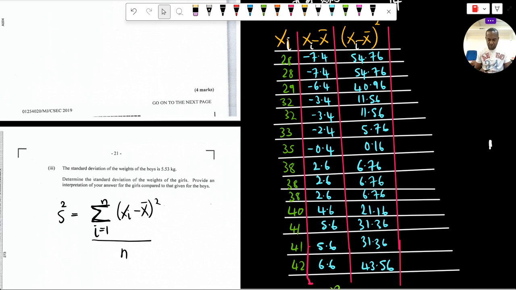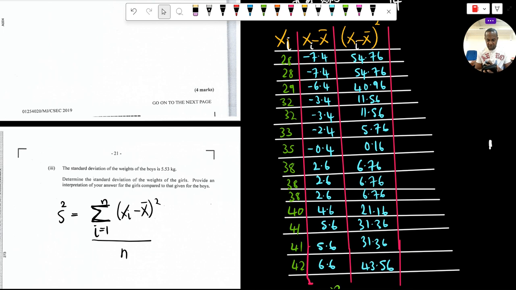Let's start from the bottom: 43.56 plus 31.36 plus 31.36 plus 21.16 plus 6.76 plus 6.76 plus another 6.76, then plus 0.16 plus 5.76 plus 11.56 plus another 11.56.